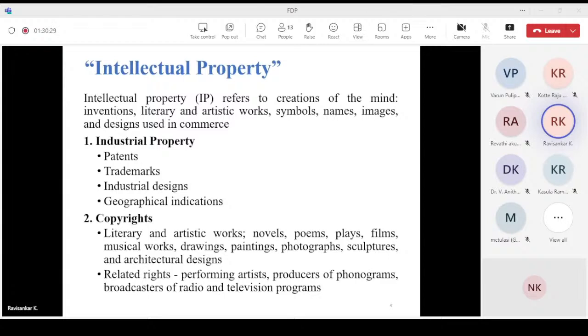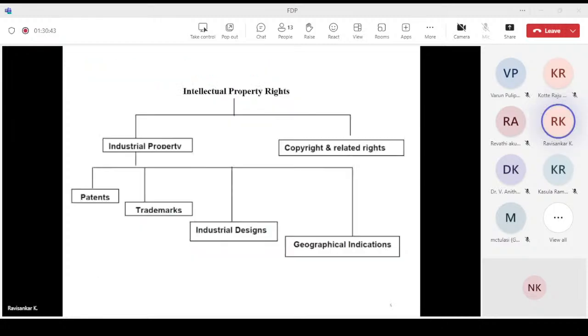Under copyrights, you get literary and artistic works and related rights, where performing artists, producers and broadcasters get different rights. So as I said, there are two types: under industrial property, patents, trademarks, industrial designs and geographical indications, and the other one is copyright and related rights.